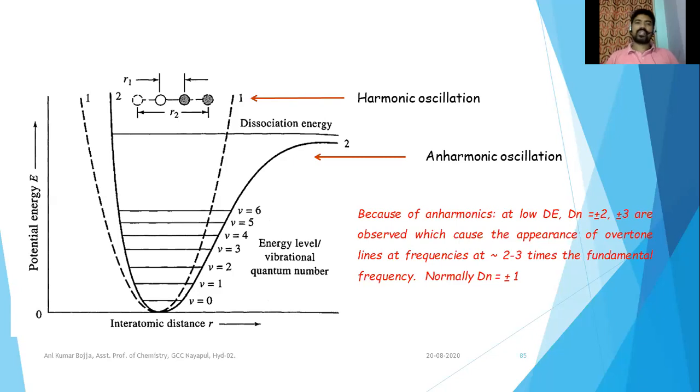So, deviation from the harmonic oscillator, what it causes, and what kind of overtones will appear in IR spectroscopy, we have learned.